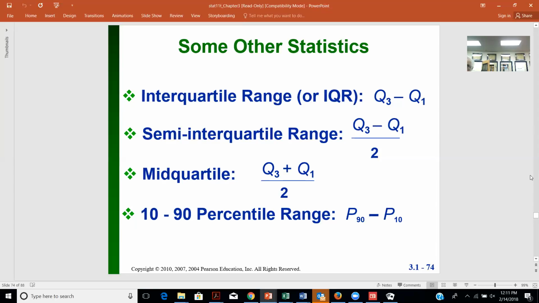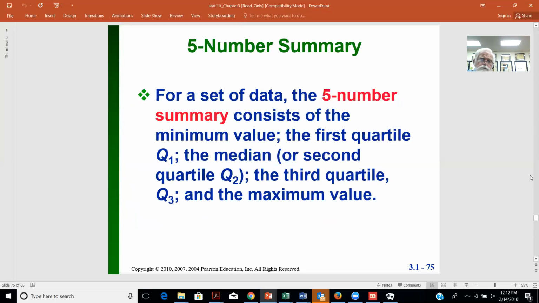Here I put in 16 data points. So the 15th data point is going to be about the 94th percentile. Or rather, it's going to be about the 88th percentile, because 14 out of 16 are less than it. So we can actually calculate percentile ranges as well.